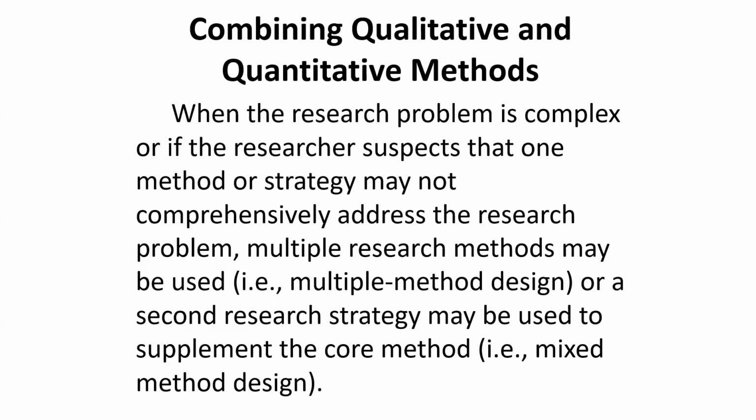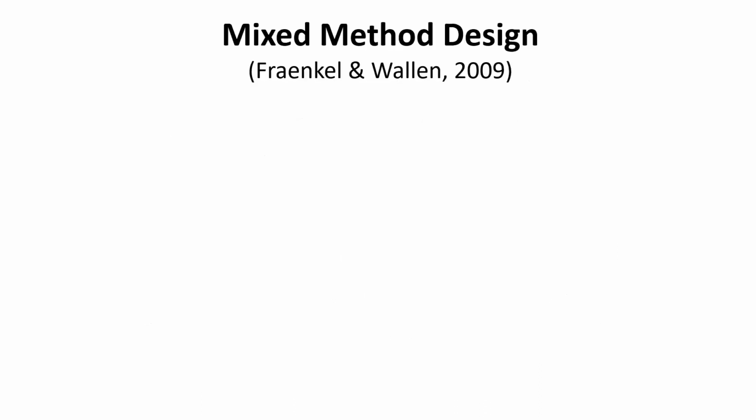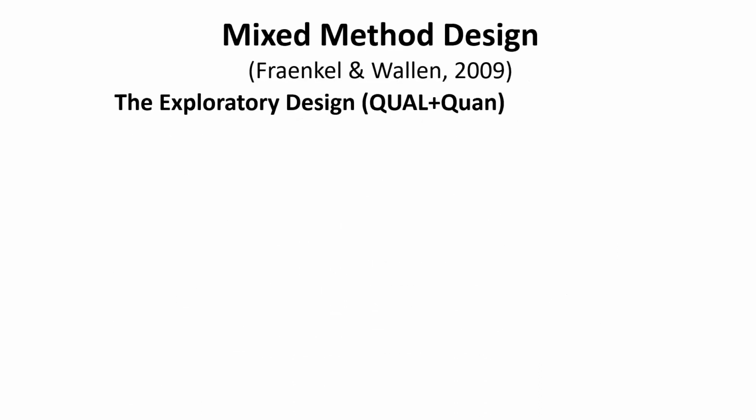For example, in a multiple methods design, a second research strategy may be used to supplement the core method. That is, you can also pursue what we call a mixed method design. According to Fraenkel and Wallen, there are actually three major mixed method designs.